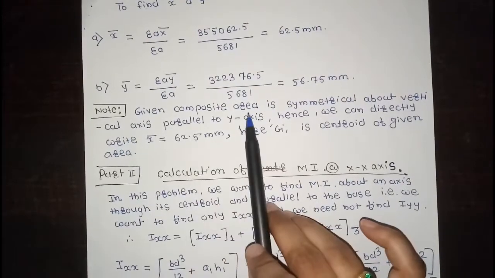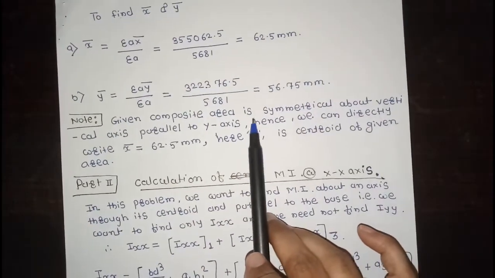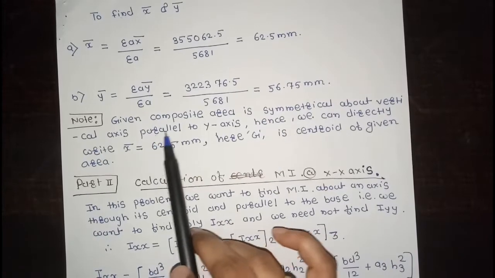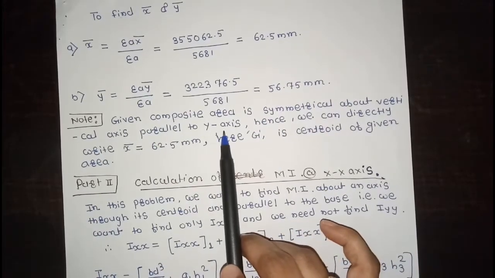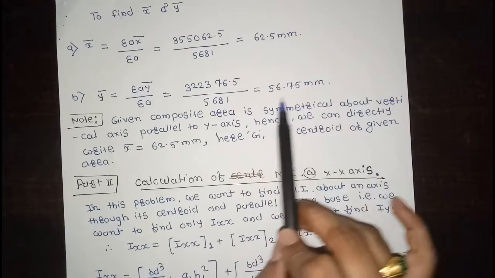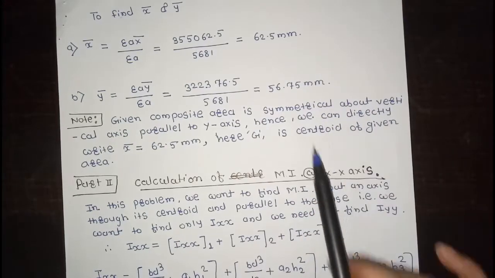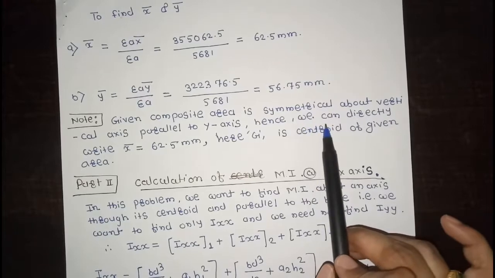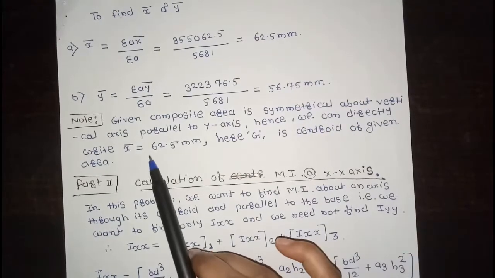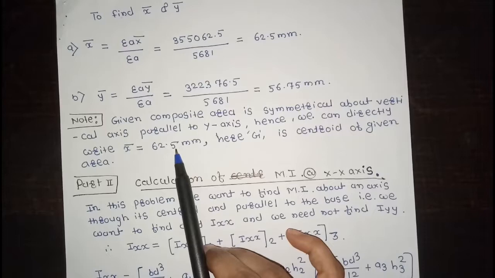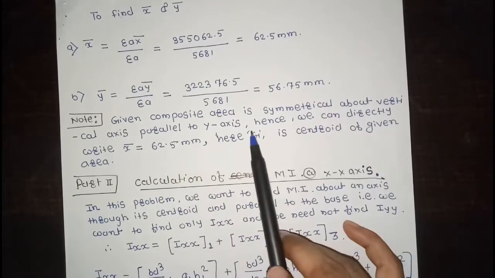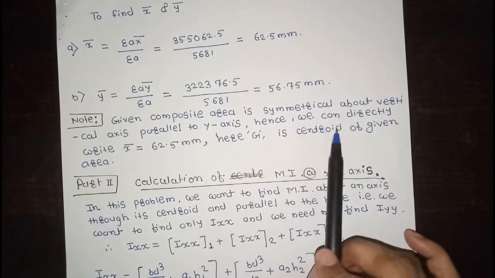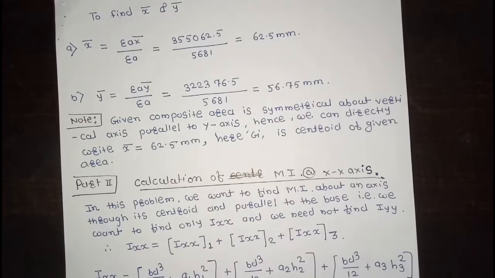Okay, note, given composite area is symmetrical about vertical axis parallel to y-axis, hence we can directly write X bar is equal to 62.5 mm. Here G is the centroid of given area.